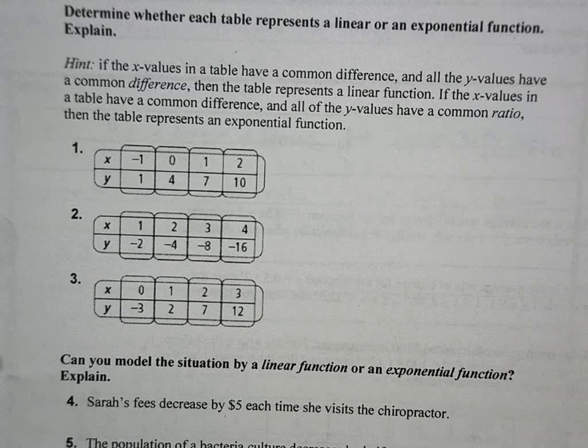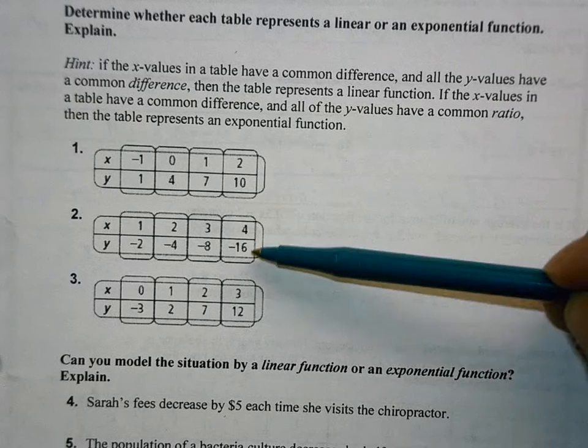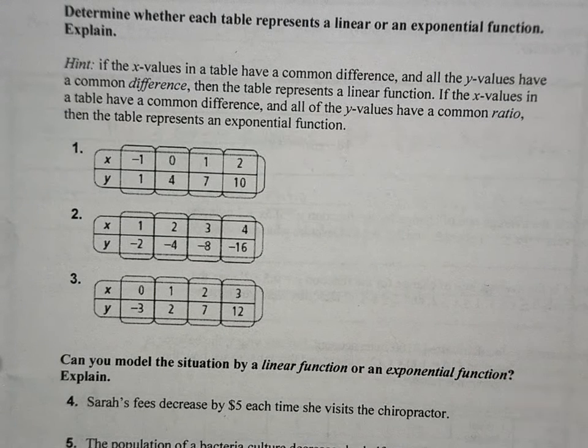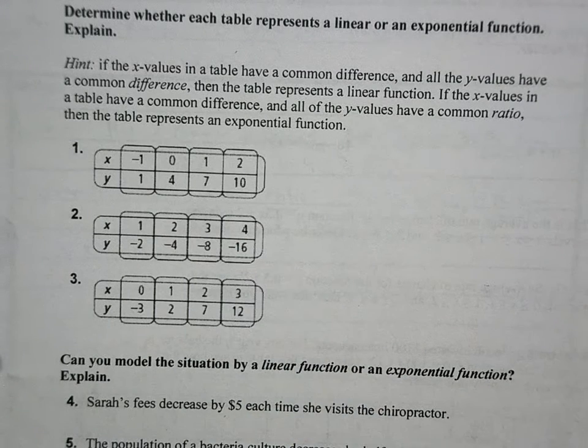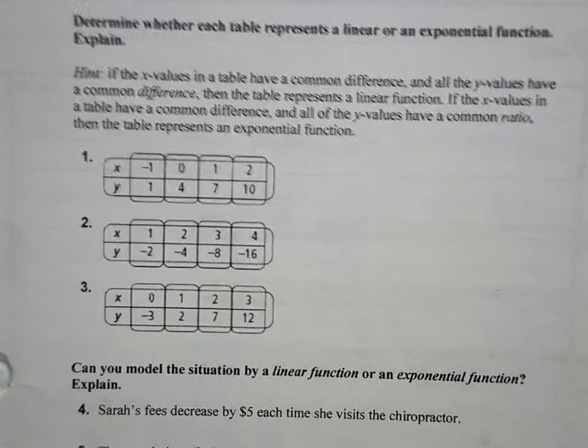Am I multiplying by something that's the same, or adding and subtracting by the same amount every single time? And primarily you're going to check out the y values when you're looking at those things. Your x value should be consecutive. Doesn't have to be, but it's nice when it is.